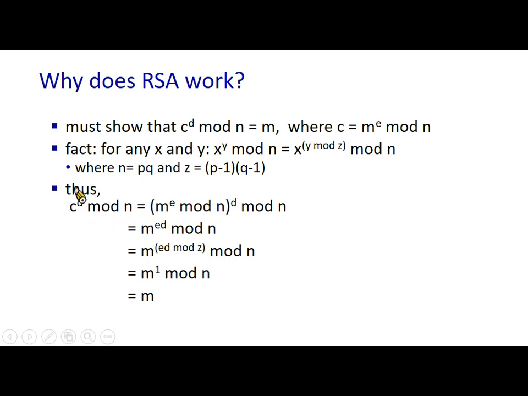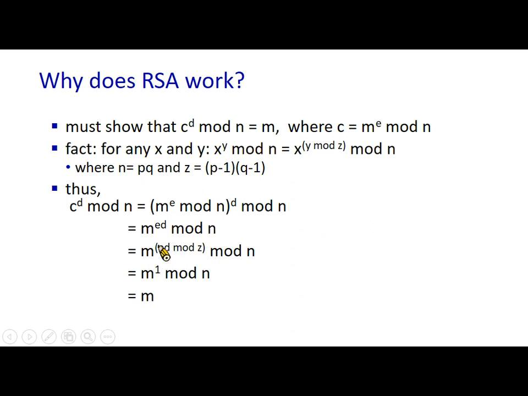So what does c to the d mod n mean? c is m to the e mod n, and we apply d here, so d joins e, giving m to the ed mod n.